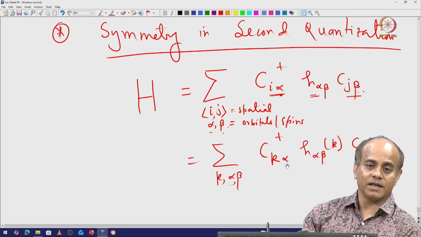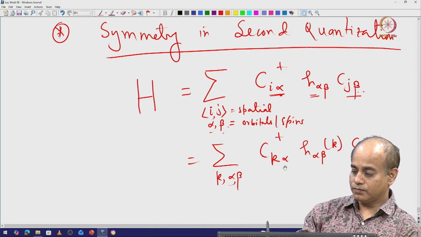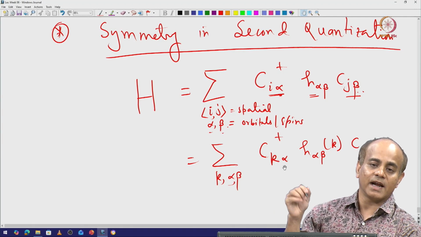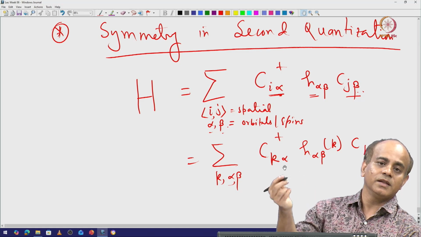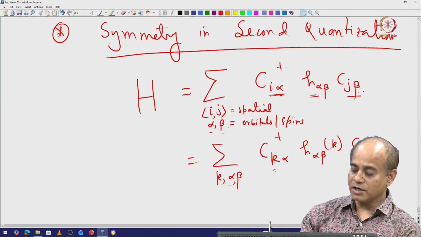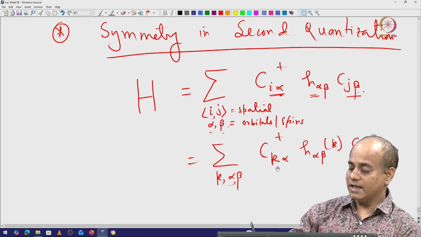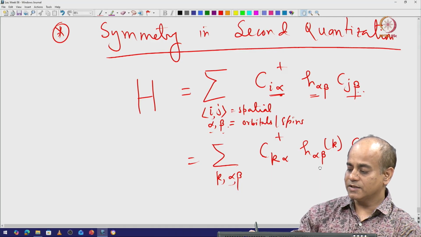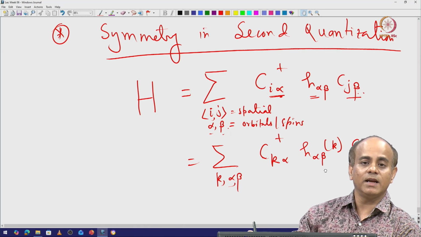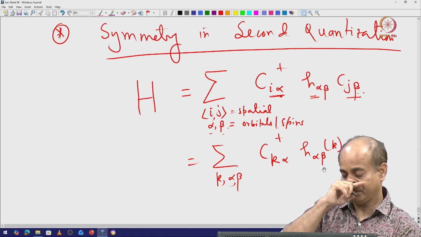If a quantity carries one index, you just need one operator acting on that index to give you another index, so it transforms like a state. Whereas the matrix element of the Hamiltonian has two indices, so it transforms like an operator.